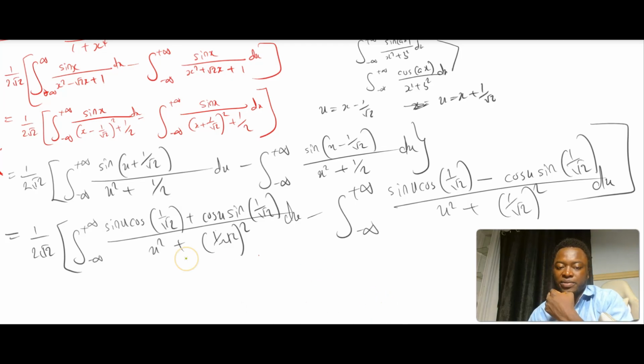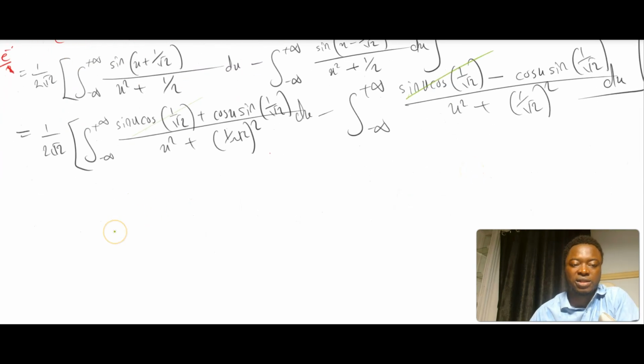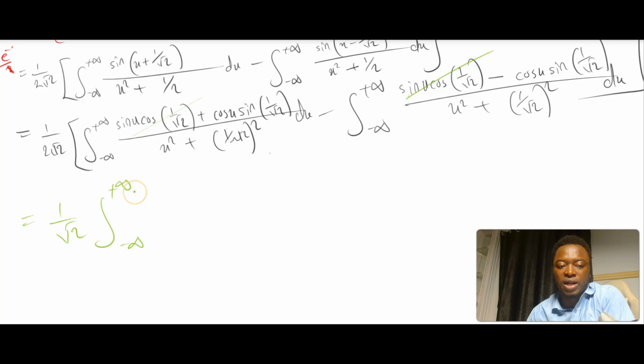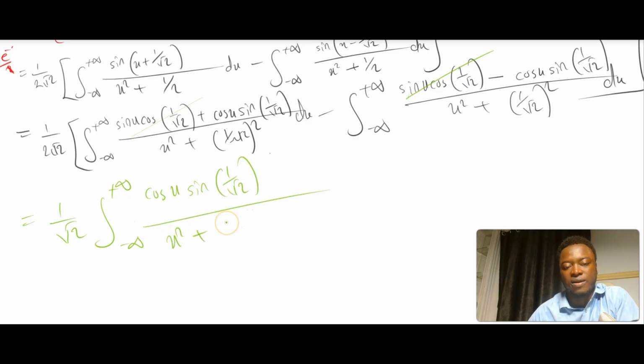Now, good things are happening, because from here we notice that we can do some cancellation. Notice that this sine of u cosine of 1 over square root of 2 cancels out with this sine of u cosine of 1 over square root of 2. And the plus and plus gives you 2. So we obtain 1 over square root of 2 times the integral from negative infinity to plus infinity of cosine of u sine of 1 over square root of 2 all divided by u squared plus 1 over square root of 2 all squared du.